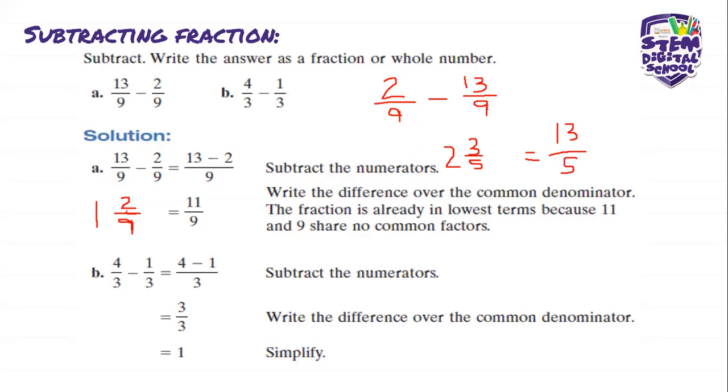Why do you have to write the whole numbers on the side? Remember that when you write an improper fraction in its simplest form, it becomes a mixed fraction. A mixed fraction shows that we've already passed a whole.